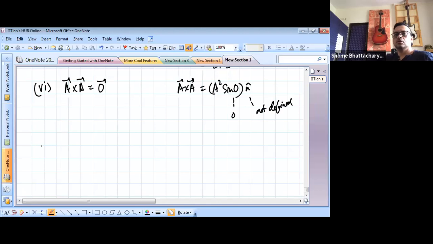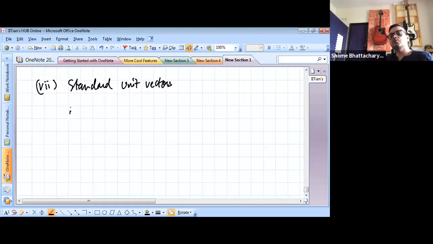Now next, let us look at the standard unit vectors. From the above property it will be clear that if you take the cross product with self, it's 0.